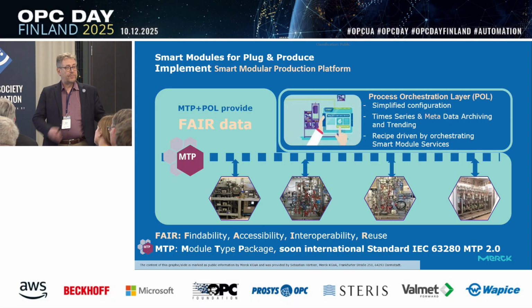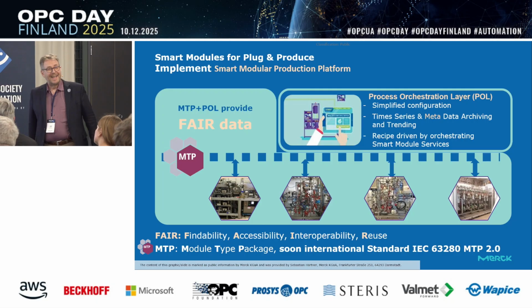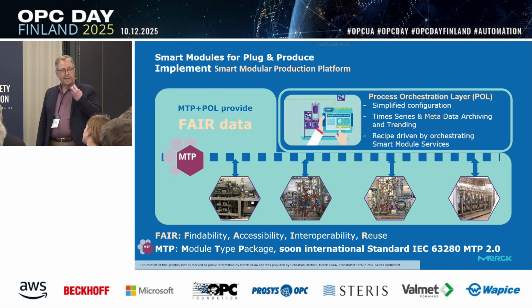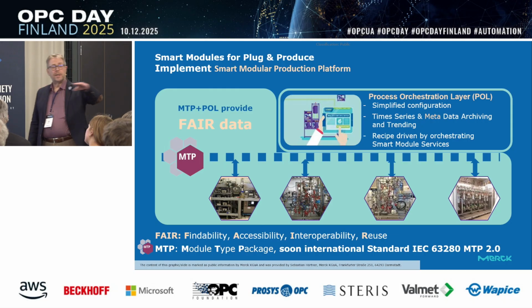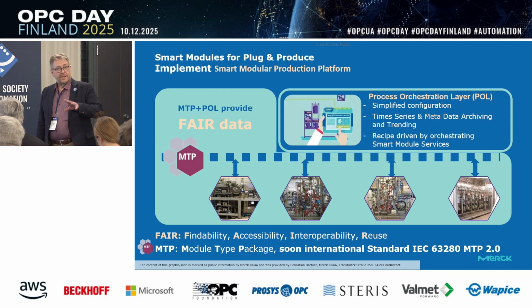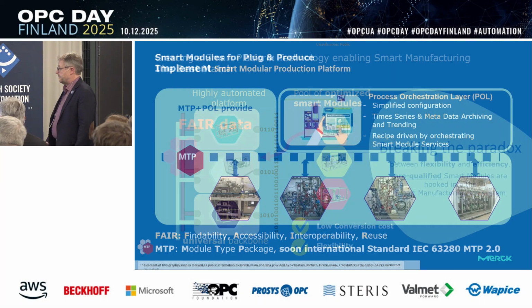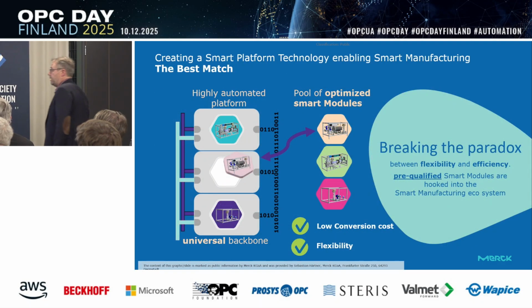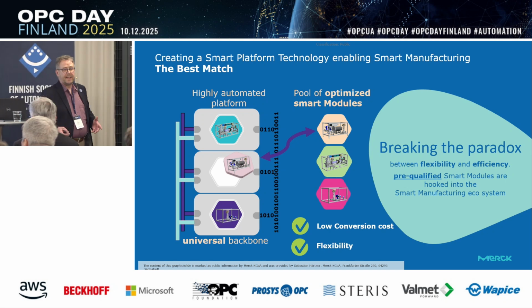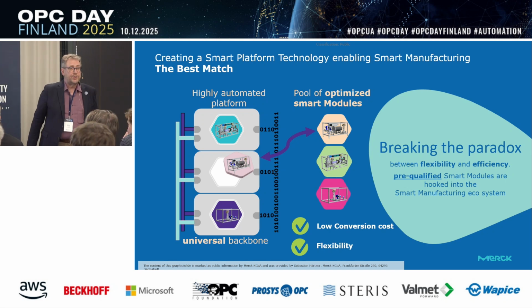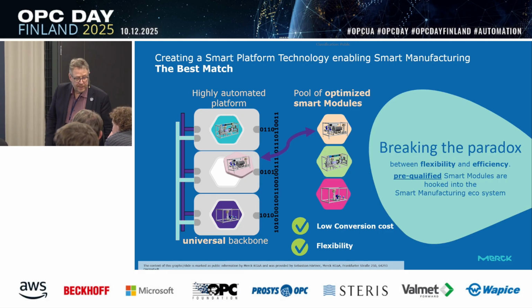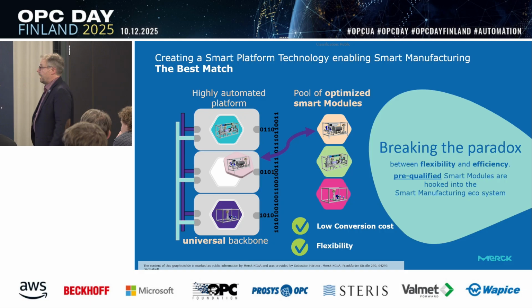We would like to have modularized equipment in process development and manufacturing, and we would like to easily connect it to a control layer. This didn't exist in that simple way before MTP. They want to break the paradox. Flexibility and efficiency. You know how much effort it takes normally to integrate a package unit into a control system, detailing every individual signal and integrating it.